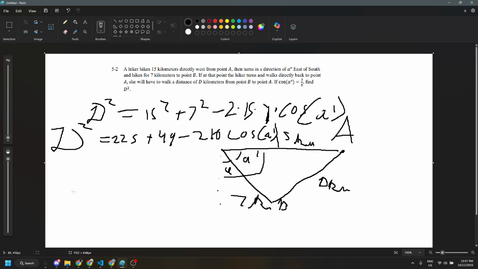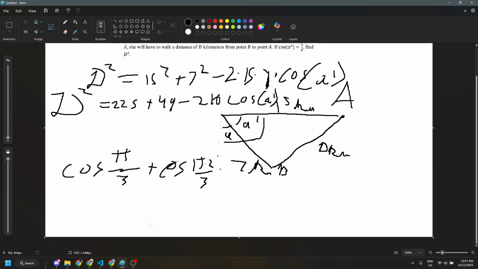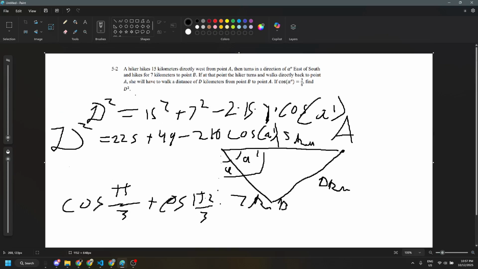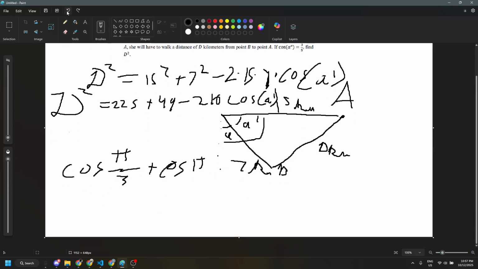I have cosine of pi over 3 plus cosine of pi over 3, I don't know. It needs to add up to 90. Let's try pi over 2.